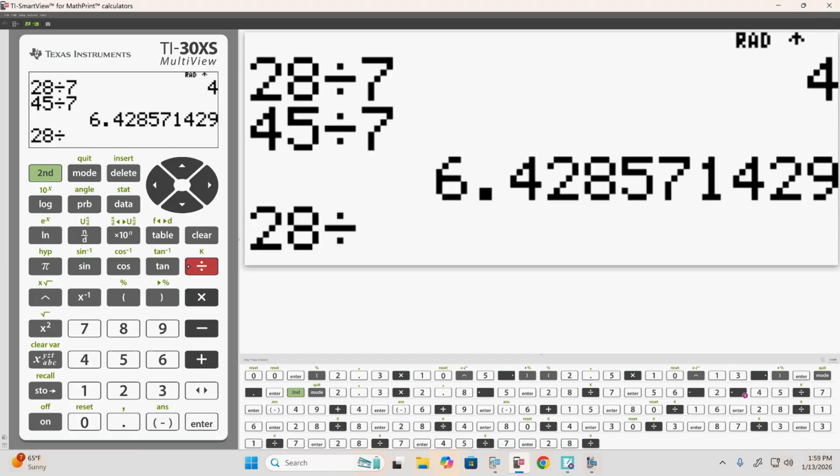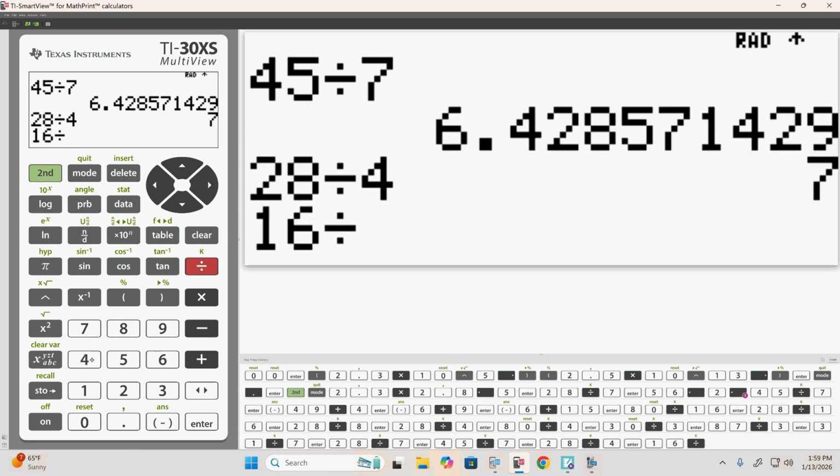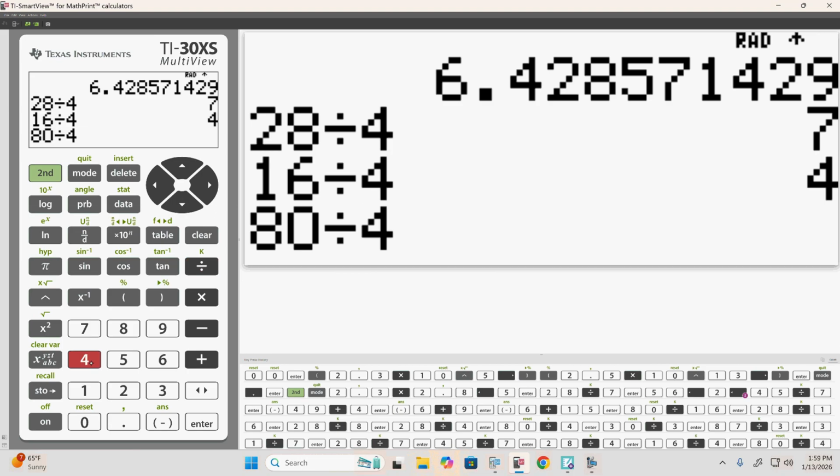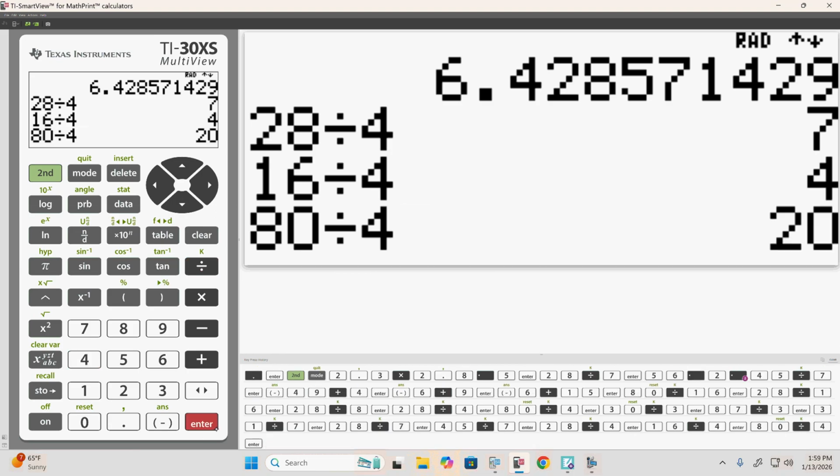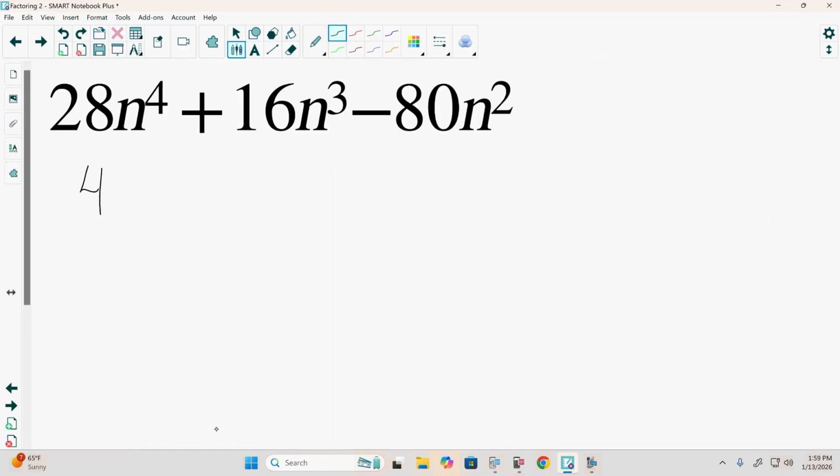Because 28 divided by 4 is 7. 16 divided by 4 is 4. 80 divided by 4 is 20. So 4 is a greatest common factor for this here. What else is in common with all three?